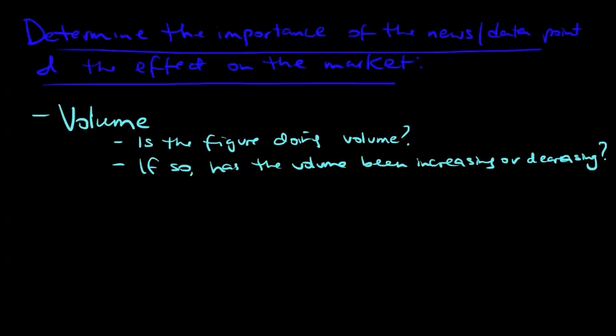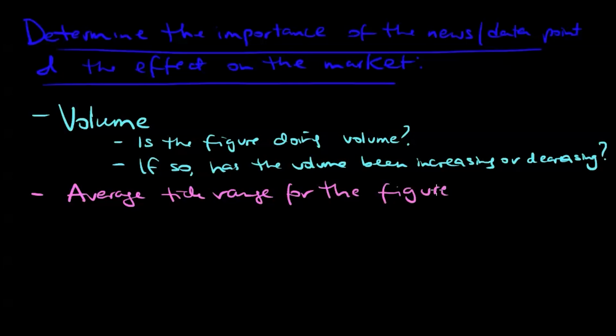Then we want to start asking ourselves, okay, we've seen that there's volume on this figure. We've seen that it's increasing, and we know that we want to trade this now because there's potentially opportunity. What we want to know now is the average tick range for the figure. This doesn't have to be so precise, but just do a quick analysis.